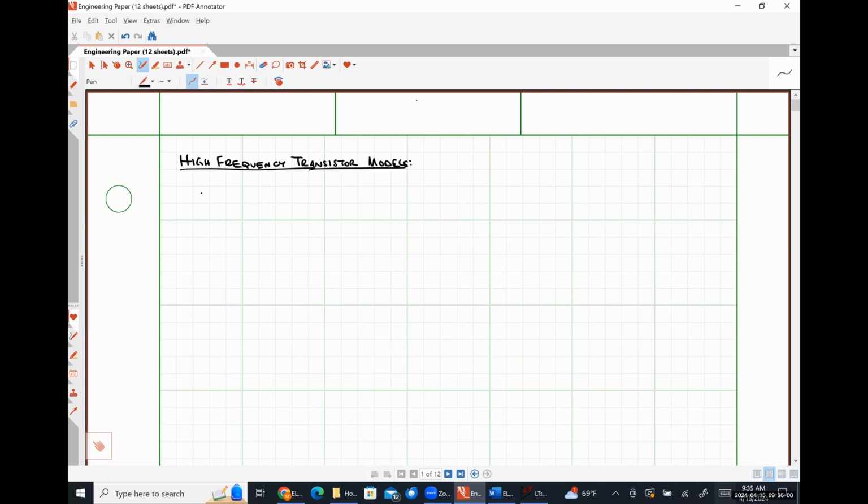So let's start by looking at a BJT. And how I'm going to approach this is I'm going to give you guys the models first, and then we're going to talk about where all of these additional components are coming from and what phenomena is giving rise to them. Okay.